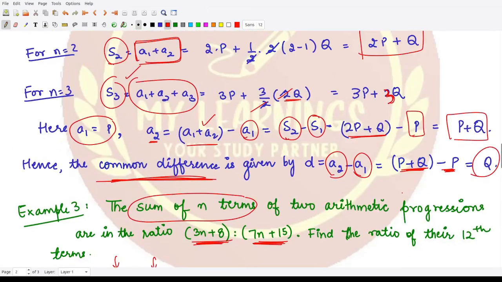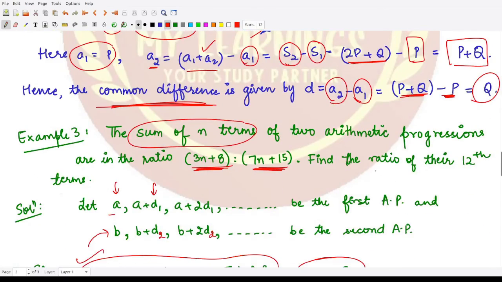Now in the question they are asking to find the ratio of their 12th terms. So what is the 12th term of the first AP? It is a plus 11 d1, correct, which is a12. And what is the 12th term of the second AP? It is b12, which is b plus 11 d2, correct?